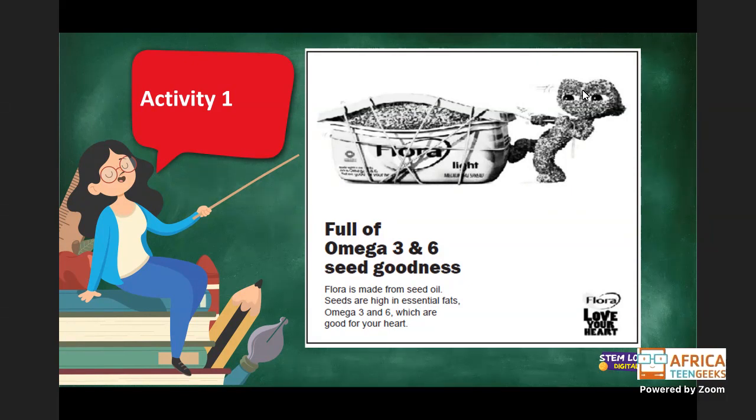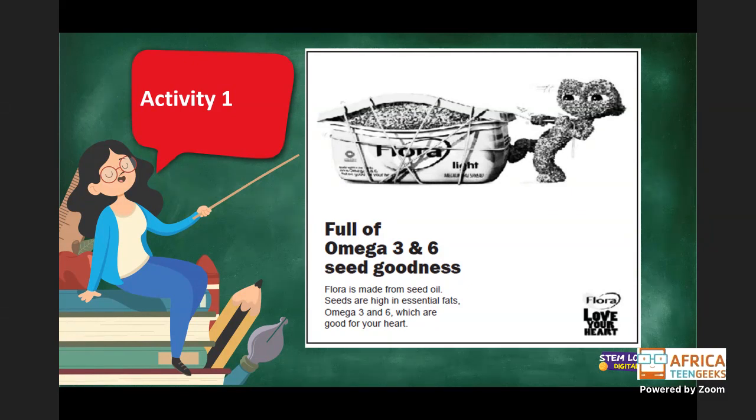As you can see, the seed man has a heart-shaped head, if you notice. So you would need to pay attention to detail here. The seed man has a heart-shaped head, and the Flora logo is heart-shaped as well. And the Heart Foundation logo is a heart shape as well.